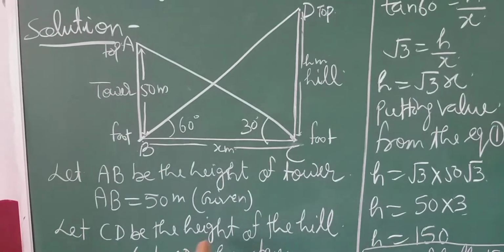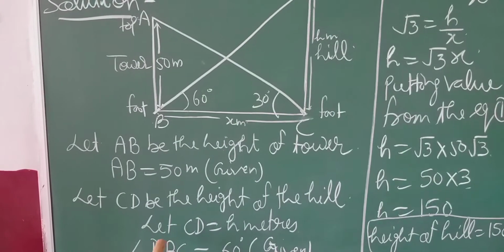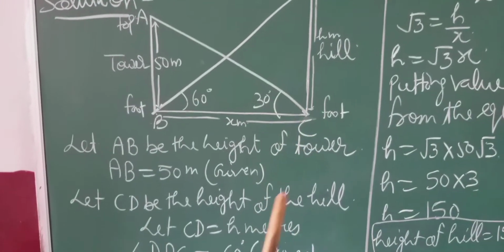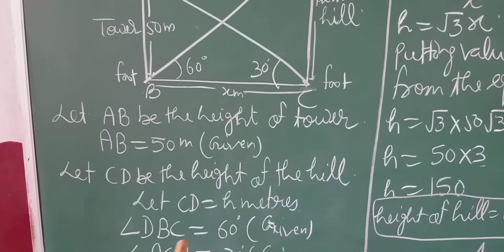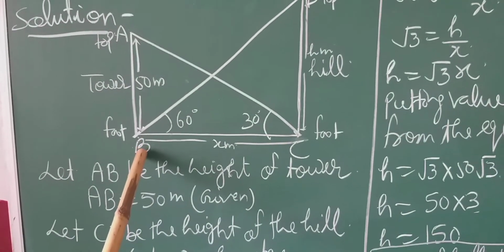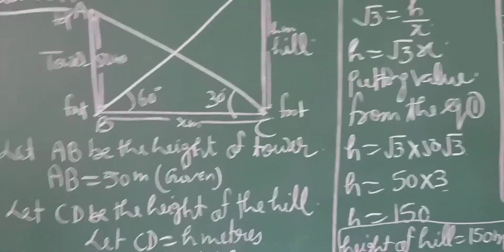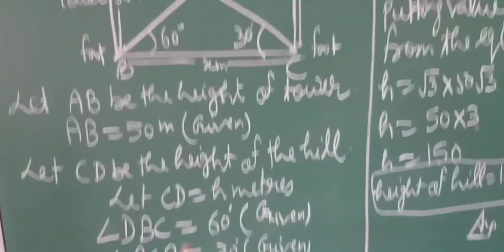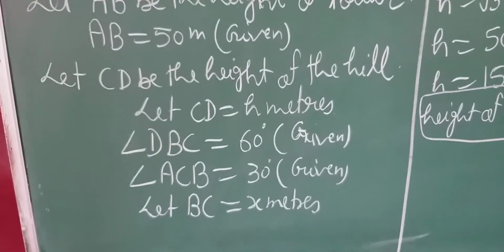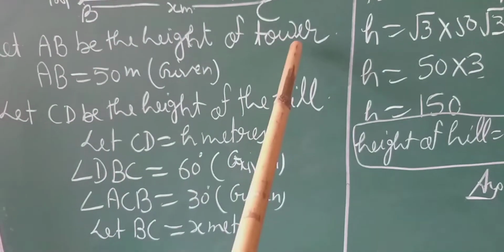Let CD be the height of the hill, let CD equal h meters. Angle DBC equals 60 degrees and angle ACB equals 30 degrees. So we have written all the information and we have also written here BC equals x meters.